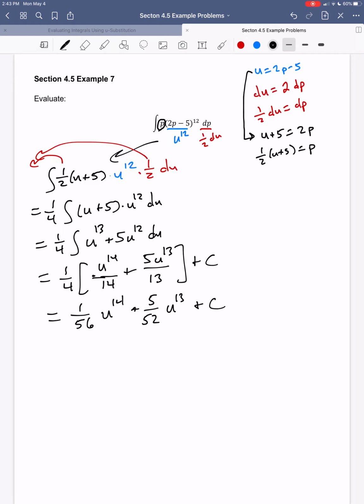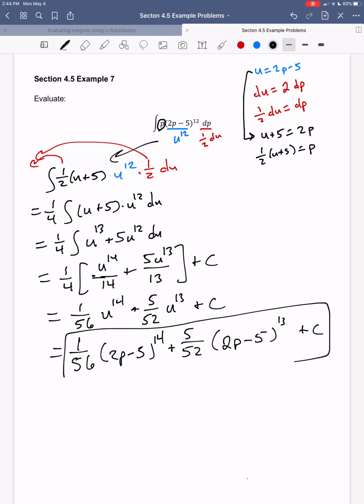And now I substitute. I don't want to leave u in my answer, so u was 2p minus 5. That was my original variable. So 2p minus 5 to the 14th, and I get 2p minus 5 to the 13th, and then plus c.